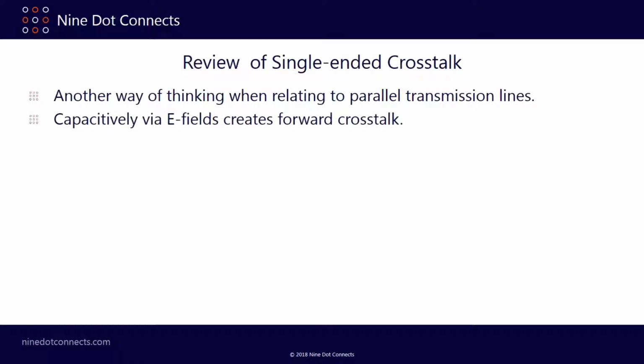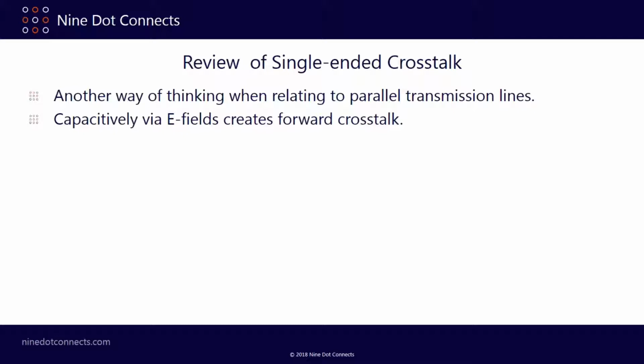Now, I'm sure most of you have already seen pictures of what microstrip looks like with the radiating E fields. Well, those radiating E fields are also going to create forward crosstalk, because ultimately what those do is they create capacitance. So what is the definition of a capacitor?